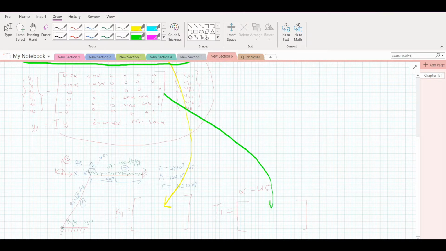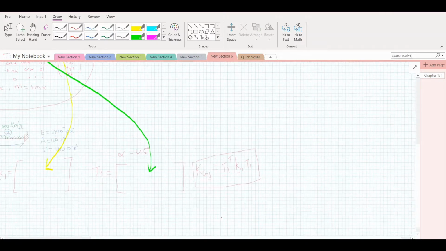So this will come here, and then we'll form our global matrix for element 1 as T transpose times K local 1 times T. When you do this, we'll obtain the global stiffness matrix for element 1.